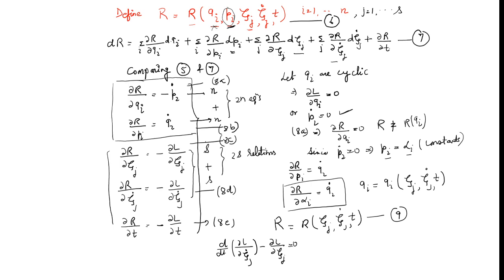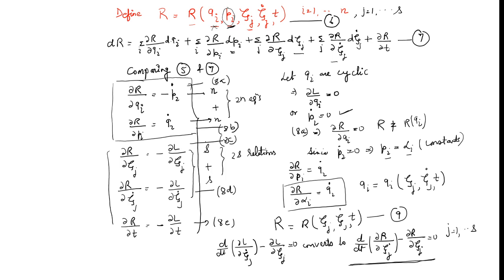Now substitute 8 C and D. This converts to the time derivative of ∂r/∂ζj dot minus ∂r/∂ζj. So this is the final equation, and in this equation your j is going from 1 to s.